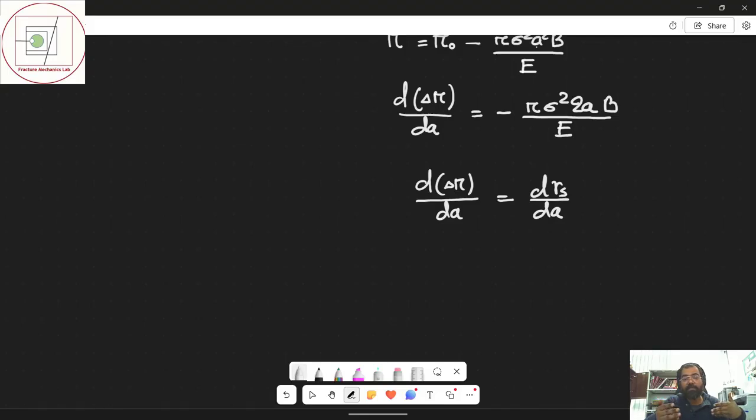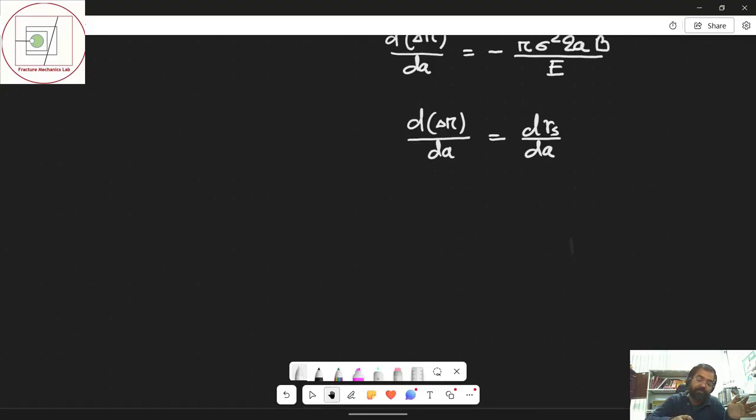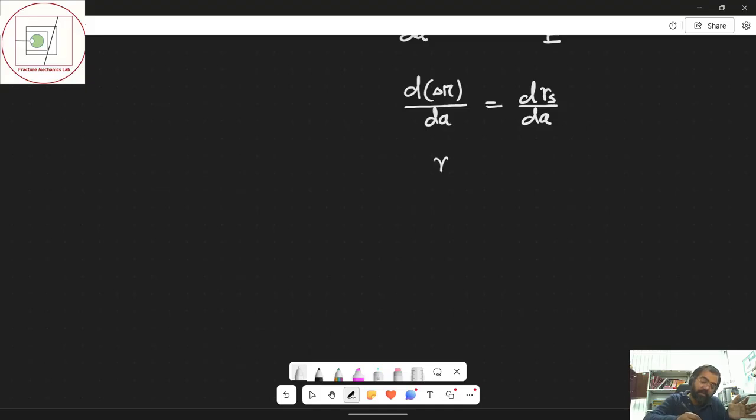So what Griffith says is the amount of energy which is given as an input to the system is consumed in formation of surface when a crack forms, and there is no dissipation of energy. That is his assumption. So the surface energy can be written as the surface which is being created. Out of nothing, this amount of surface is created, and if this length is 2a, then you have one surface here and another surface there, approximating this to be equal to this length.